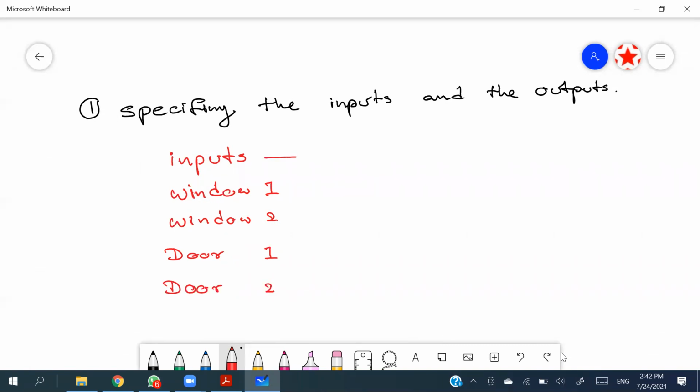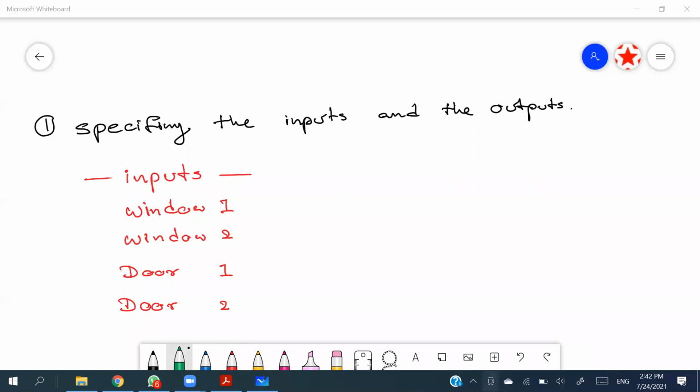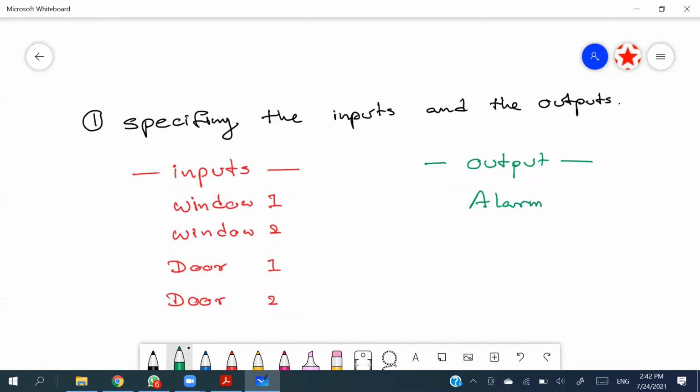So those are the inputs. And what are the outputs over here? The output is given by the alarm. Is this clear, people? How we are going to clarify the inputs and the outputs once we are given a particular scenario?